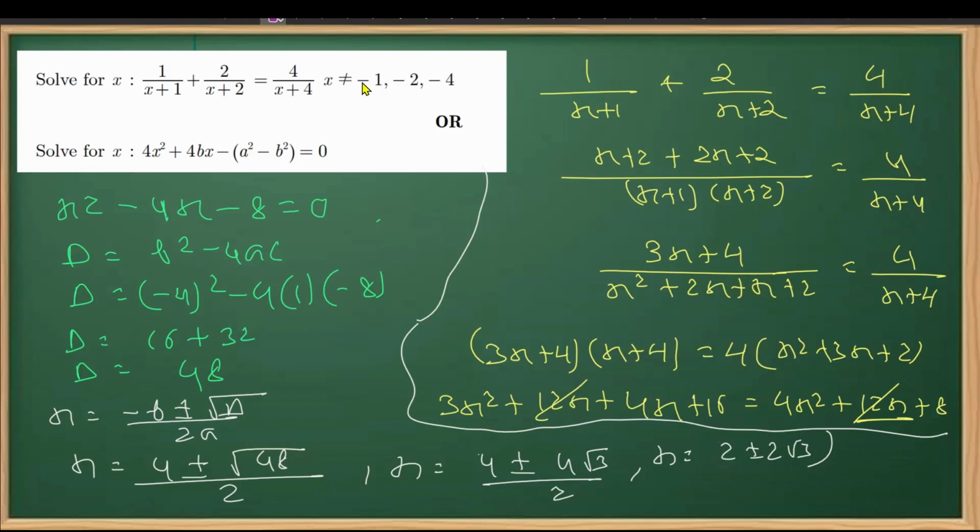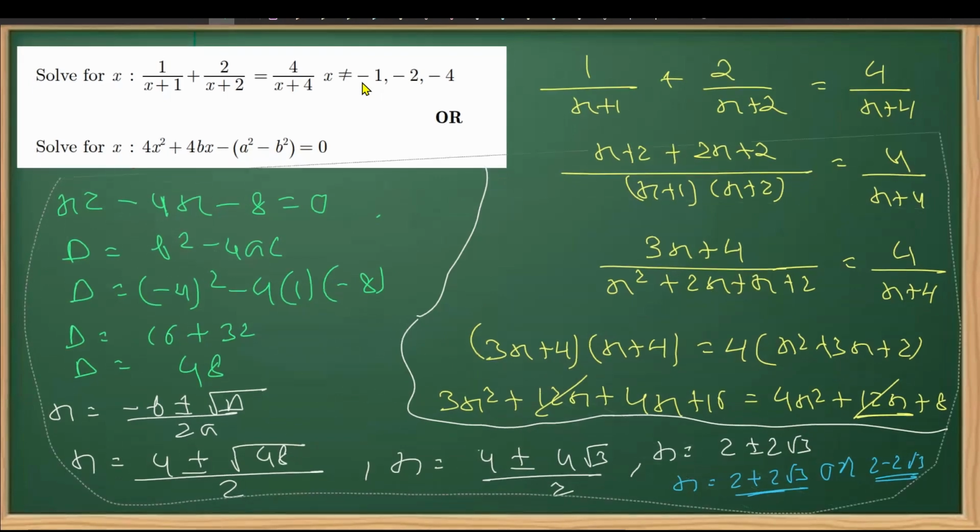This is the value of x here. While writing the final answer, we must write two possible values. This is 2 plus 2 root 3 or 2 minus 2 root 3. So this is the answer for the first part.